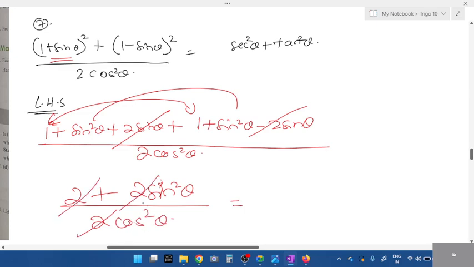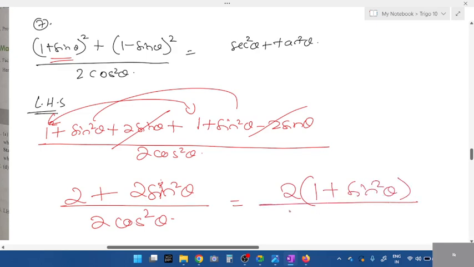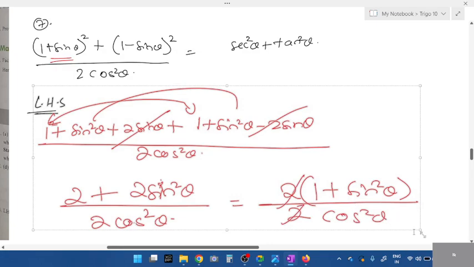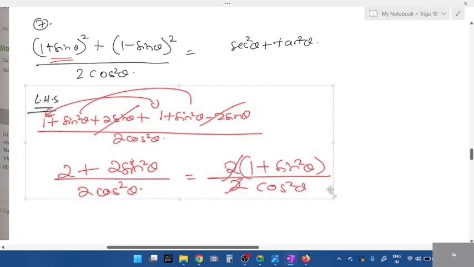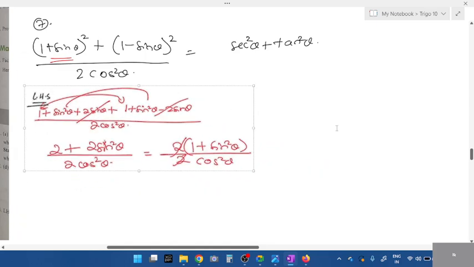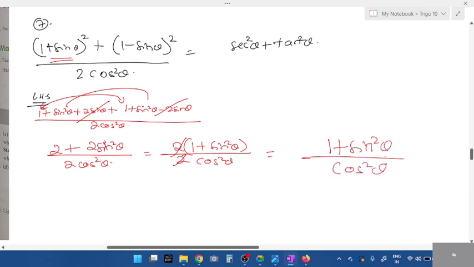You can't cancel out directly like this, so we need to take common values. In the numerator, you take 2 outside, you get 1 plus sin square theta divided by 2 cos square theta. Now we can reduce 2 and 2. So the left value is 1 plus sin square theta divided by cos square theta.